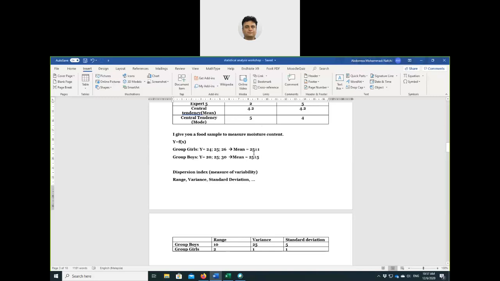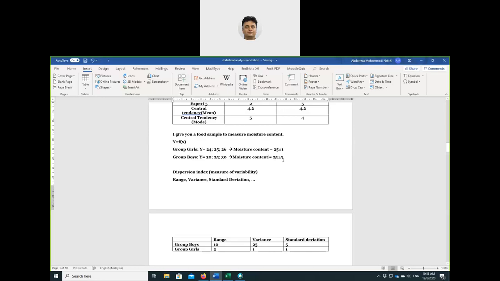If you use the mean, you report the data here: moisture content equal to 25 plus minus 1, and for this group, moisture content we need to report 25 plus minus 5. Now it shows the accuracy.